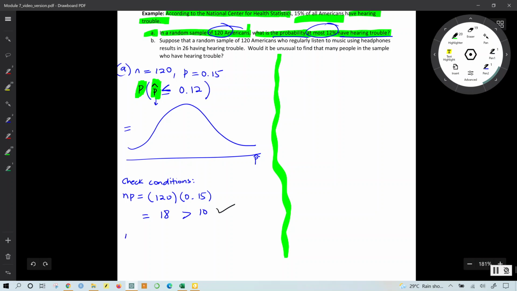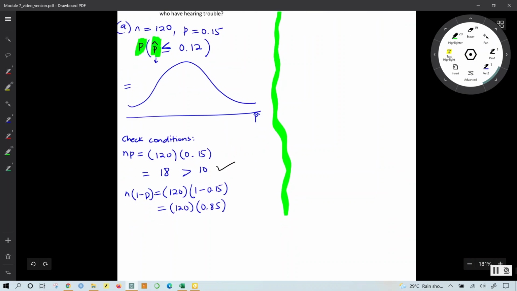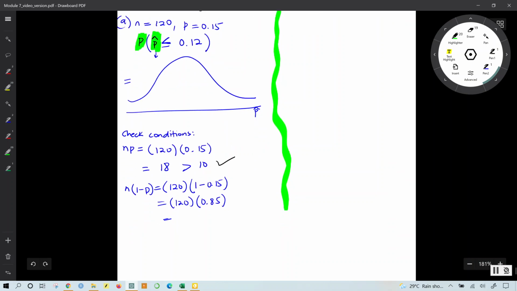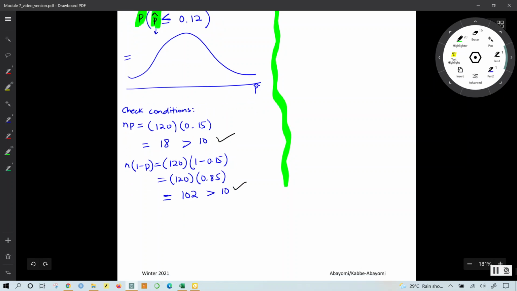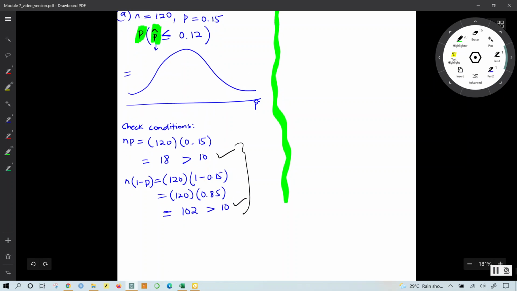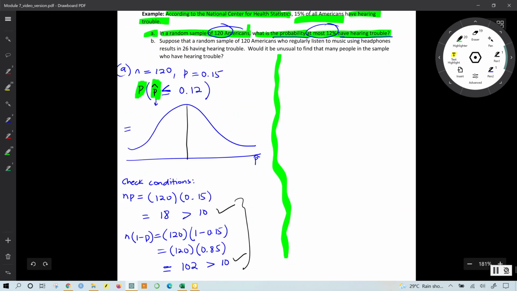And then I also have n times 1 minus p, this will be 120 times 1 minus 0.15, which is 120 multiplied by 0.85, and this is equal to 102, which is also greater than 10. So with that said, I have met the two conditions. I can definitely use the normal distribution.